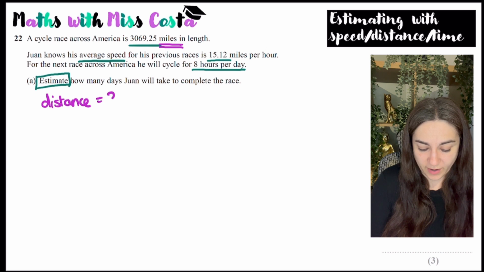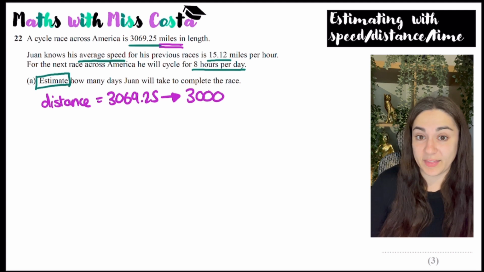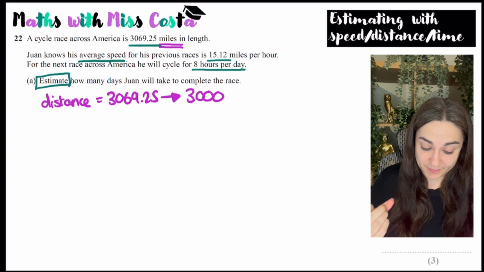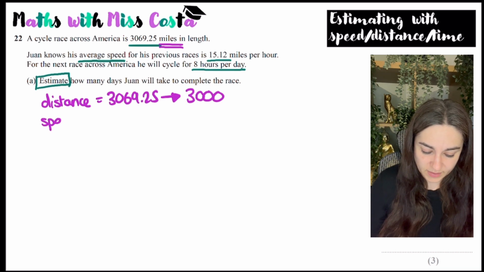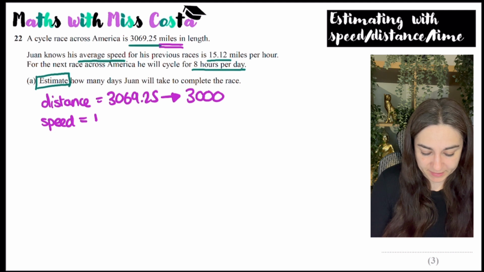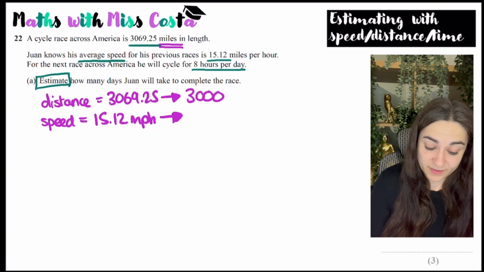So what could I round my distance to? It's 3,069.25. I want to round it to one significant figure, so that would round to 3,000. The reason you estimate is because you want to make the number something super easy to work with. Then I'm going to look at the speed. So I'm told that his speed was 15.12 miles per hour. So I could round it to 20.